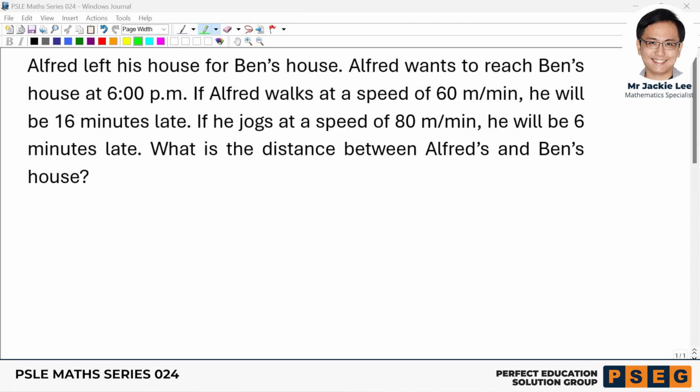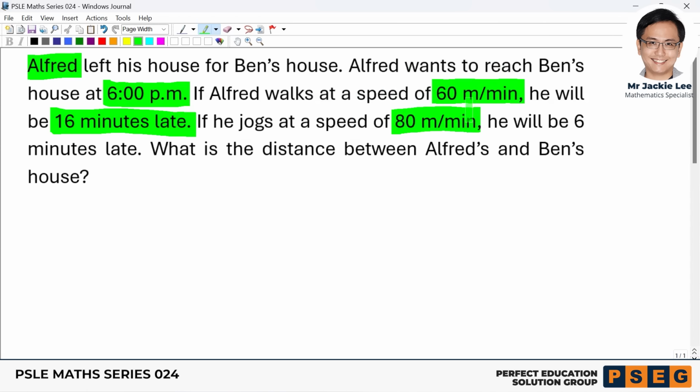This question, Alfred went to Ben's house. He targeted to reach at 6 p.m. If he walks at this speed, 60 meters per minute, he will be 16 minutes late. If he jogs at a faster speed, 80 meters per minute, then he is only 6 minutes late.